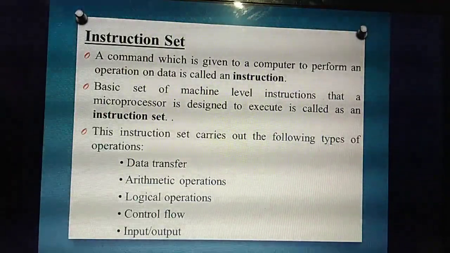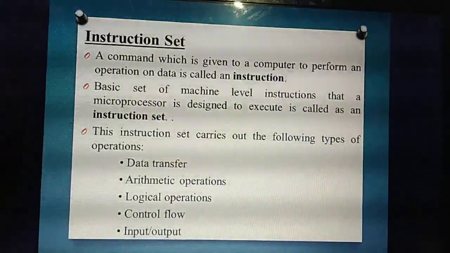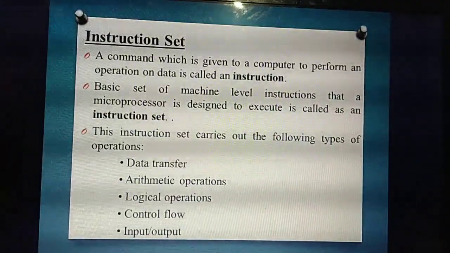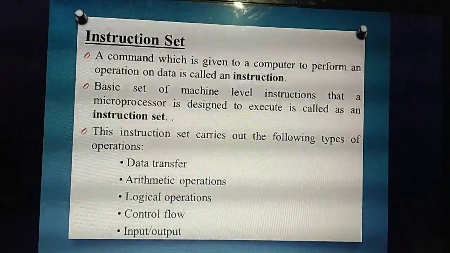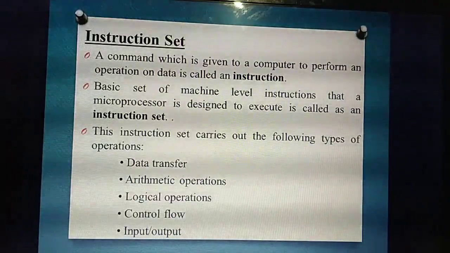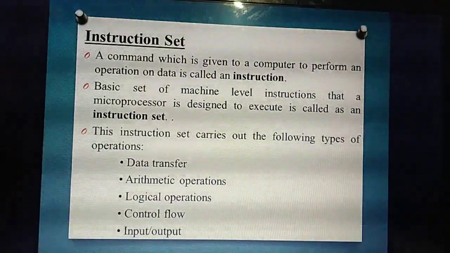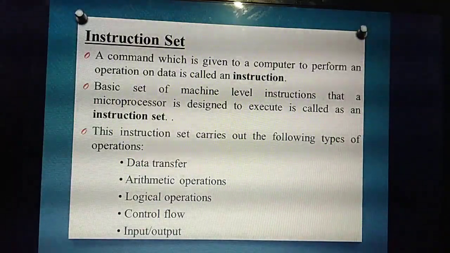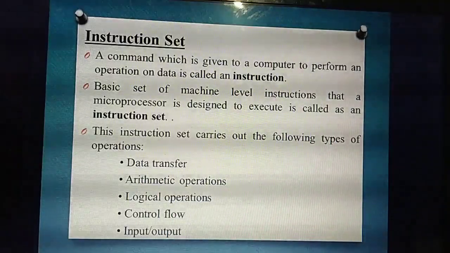Understand what you mean by instruction set? What's the use of the microprocessor? The microprocessor is designed for the particular command we are giving, which kind of command or instruction? Machine level instructions we are giving to the microprocessor. A particular microprocessor is designed to execute that kind of instruction, called the instruction set.